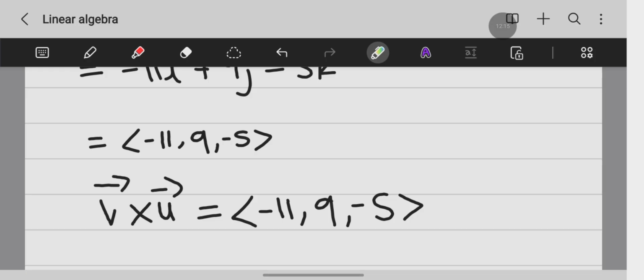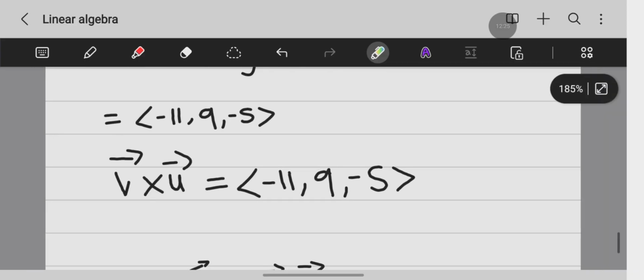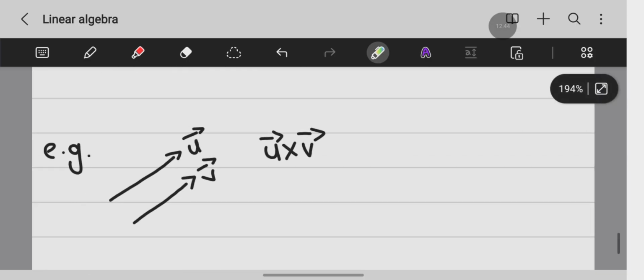But basically, your cross product is the perpendicular vector to whatever vectors you are finding, right? So we use the cross product to actually find the vector that's perpendicular to two other vectors, and we also use it to find the areas and stuff like that, which we're going to get to in a second, or 15 seconds rather.